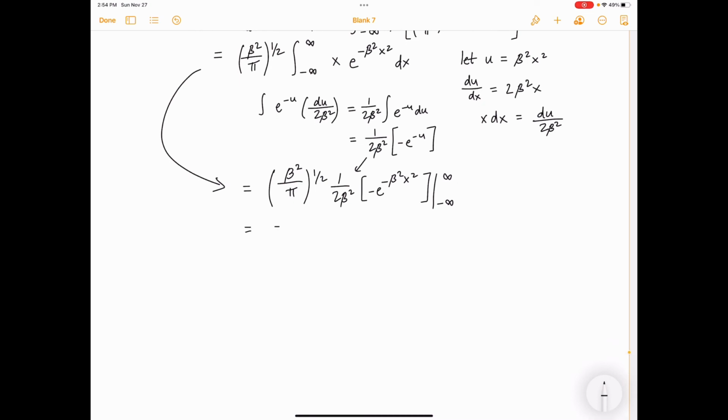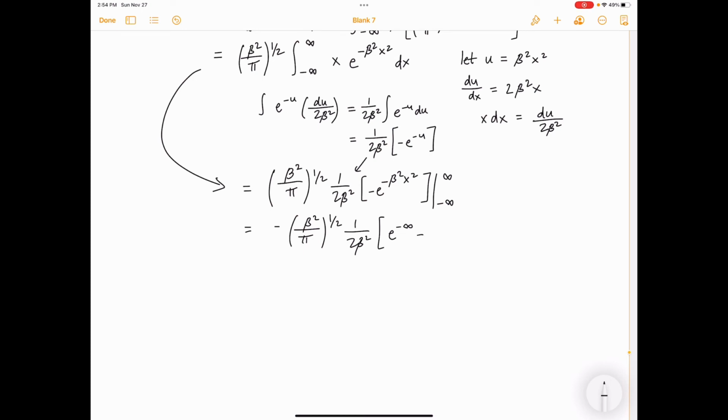We have minus beta squared over pi to the 1/2 times 1 over 2 beta squared. That's the overall factor out front. And then I have e to the minus beta squared x squared. But for my top limit, I'm plugging in infinity for x. So if I plug in infinity for x, my exponent becomes minus infinity.